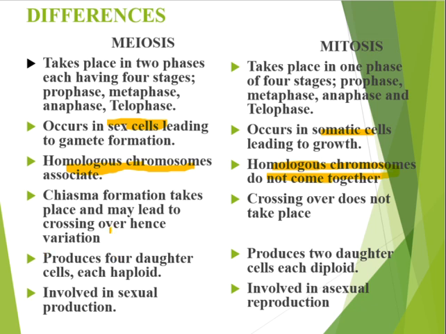Meiosis produces 4 daughter cells which are haploid, while mitosis produces 2 daughter cells which are diploid. Meiosis involves sexual reproduction and mitosis involves asexual reproduction, for example, binary fission in amoeba.